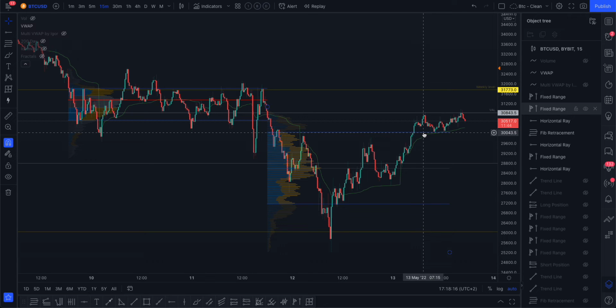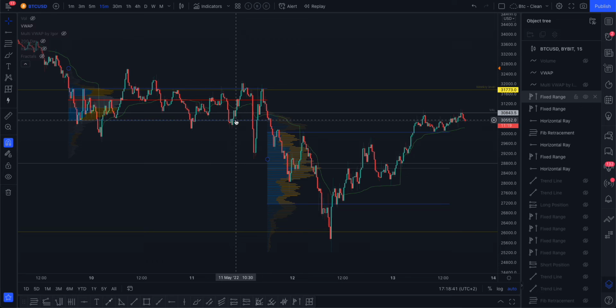Well, for one, I was a bit upset because I only saw later the support we've got here in confluence with the VWAP, which I took the trade off. But a bit of consolation is that this value area low, the total value area low of the whole year, I'll zoom out now, is still above us, so that's big resistance there.